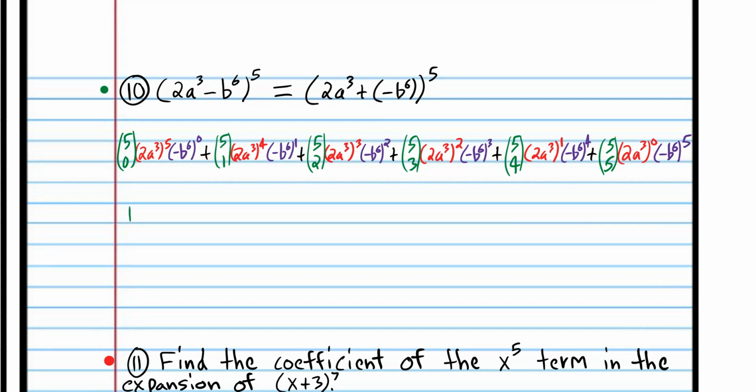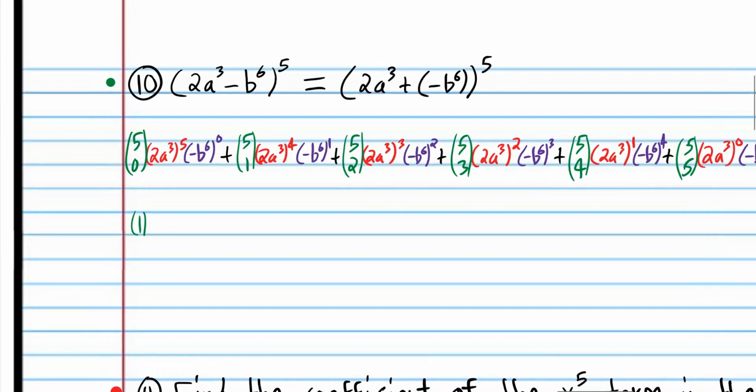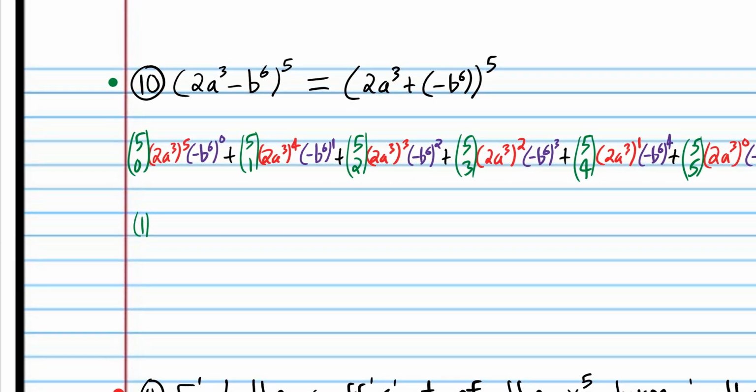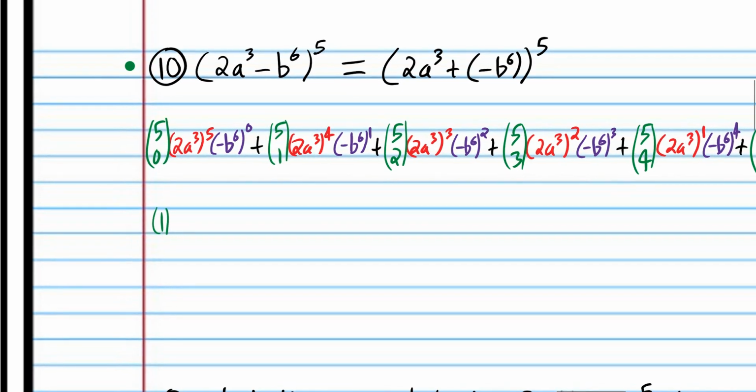5 choose 0 is defined to be 1. 2a cubed raised to the 5th power, that's going to be exponent rules number 3 and 5. So that's going to give us 32a to the 15th power.